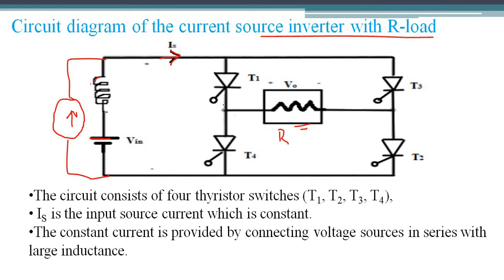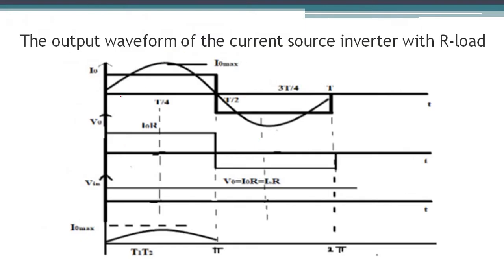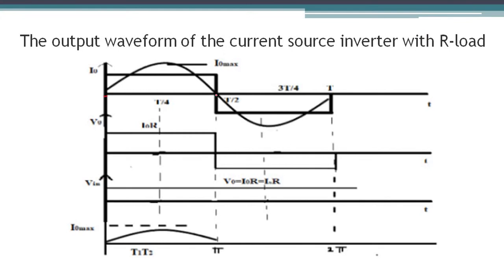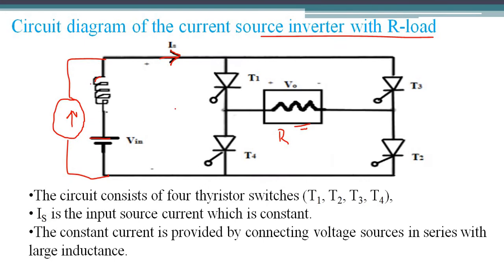Now these 4 thyristors T1, T2, T3 and T4. From 0 to pi by 2, we trigger T1 and T2. So in the circuit diagram, 0 to pi by 2 is the conduction time. In 0 to pi by 2, the triggered switches are T1 and T2.